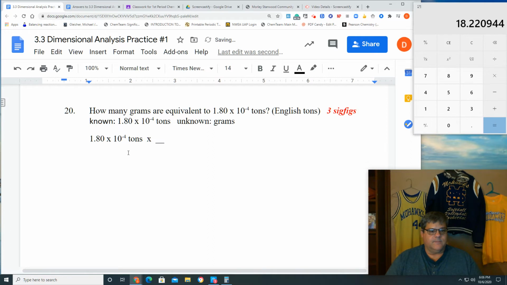We're going to put down 1 ton on the bottom, because I know that we're going to be able to do this, but I do not know what it is in the metric system.